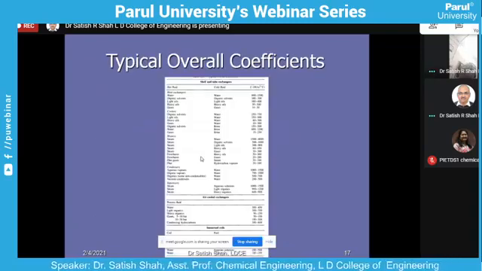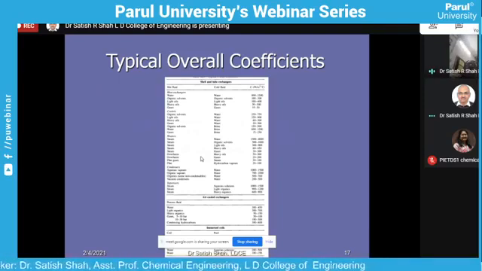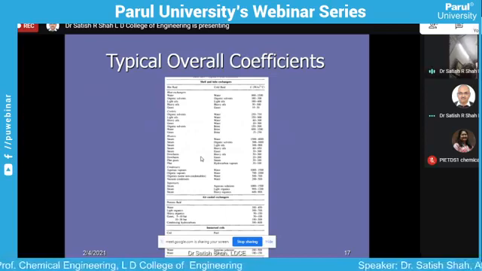And see here, I told you that whenever you want to start your design, because we want to calculate area, for calculation of hi and ho also, you need some basic heat exchanger. So from where will you get it?